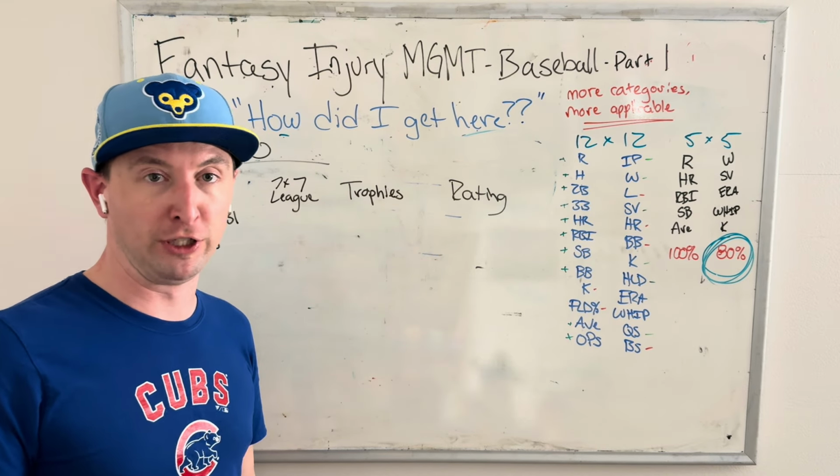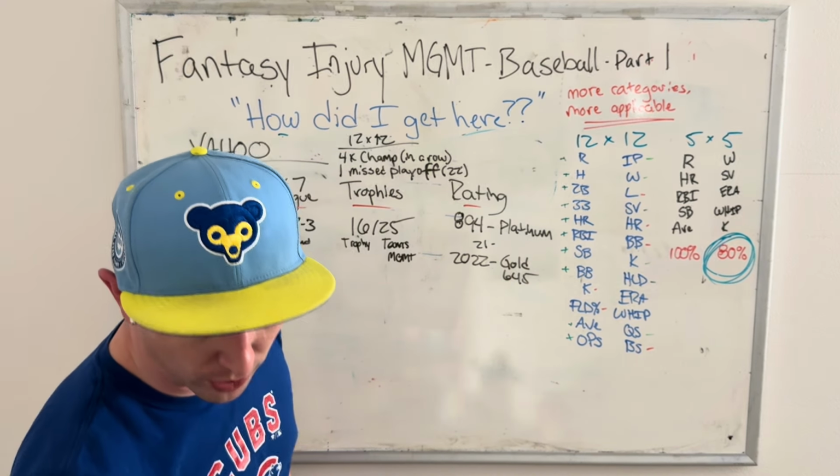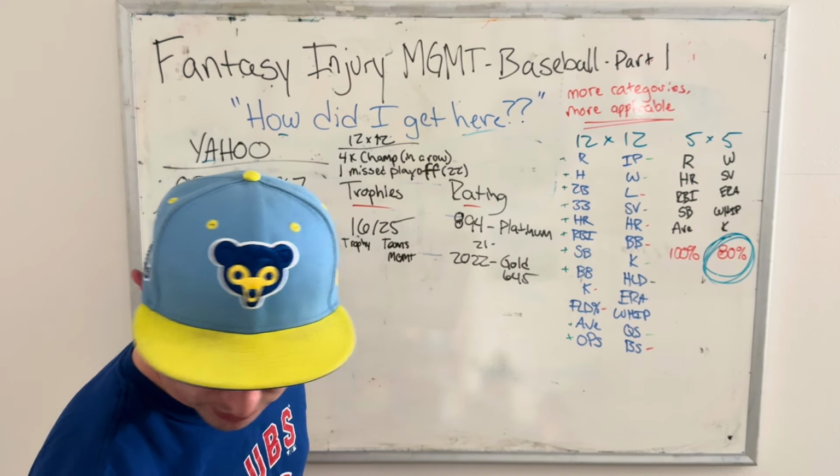However, I'd just like to note that in 2022, it had plummeted just in this 1 year, from platinum all the way down to gold, 645. In 2021, I was 830.